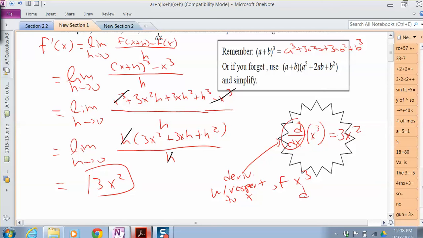So d over dx is an operation, kind of like we had logs and sine and so forth. So it's something that we apply to x cubed. And that's what I did off to the left here with this whole limit definition of a derivative. And there's going to be a homework problem that will involve x cubed, and you can simply just use that answer we have right here, 3x squared.